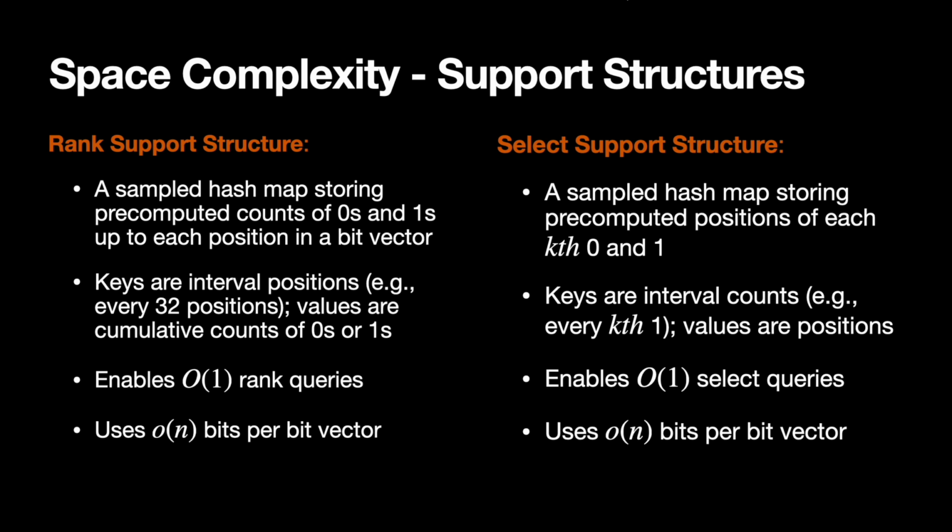So when you want to access something, you can pass in a position, and if it exists in the hash map, you can immediately grab it. If not, you can make a very small number of steps, depending on how frequent the sampling is, to get the value you're looking for in constant time. So this enables constant time rank queries and uses little o of n bits per bit vector.